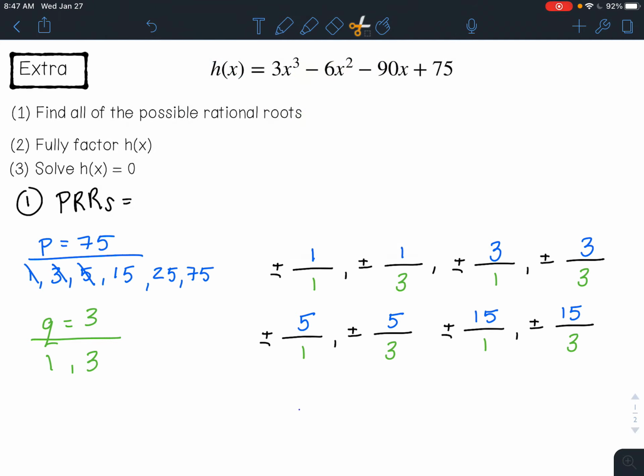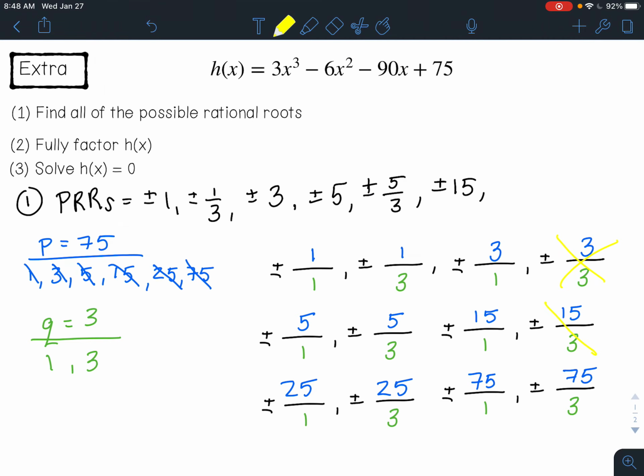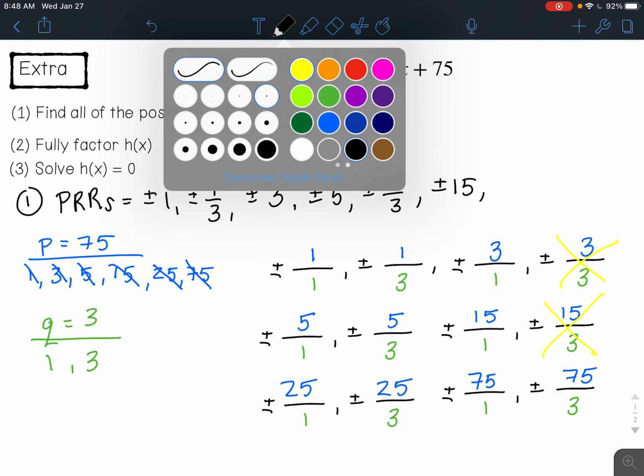So that's a duplicate. Then I get 5 over 1 is 5, so plus and minus 5 is an option. 5/3 is a new one, so I can write that on my list. 15 over 1 is a new option. But then 15 over 3 is 5, and I've already written that down, so that's done.